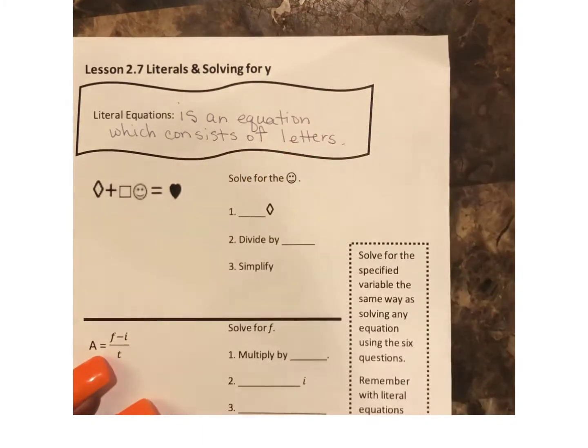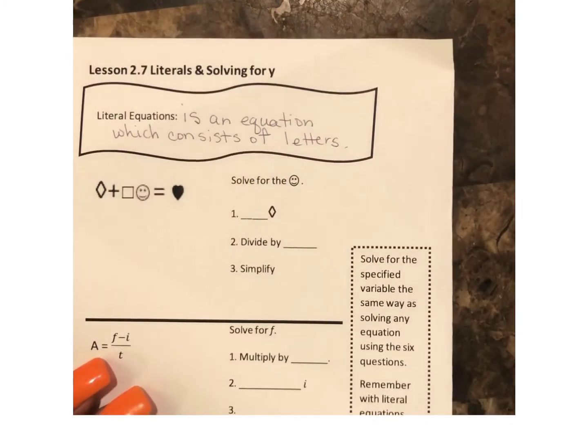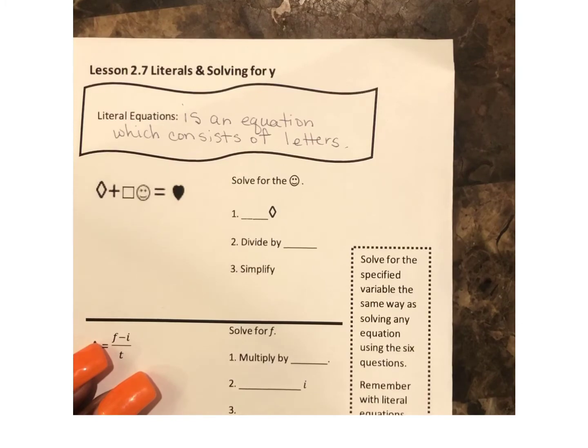In our case, we call them variables. Now, looking at a literal equation is almost like looking at a formula. So the example of a literal equation could be a formula.